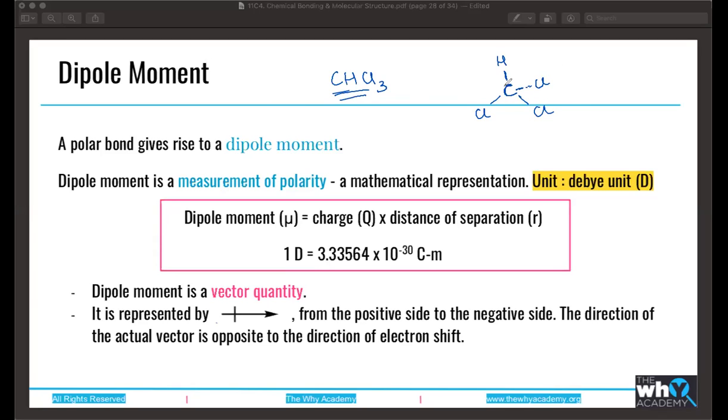Now, what will be the net dipole moment of this molecule? Upward. Downward. Yeah, downward, sorry. Okay, does everybody agree that there is going to be a dipole moment, or do you think it's going to be 0? I think it's 0.